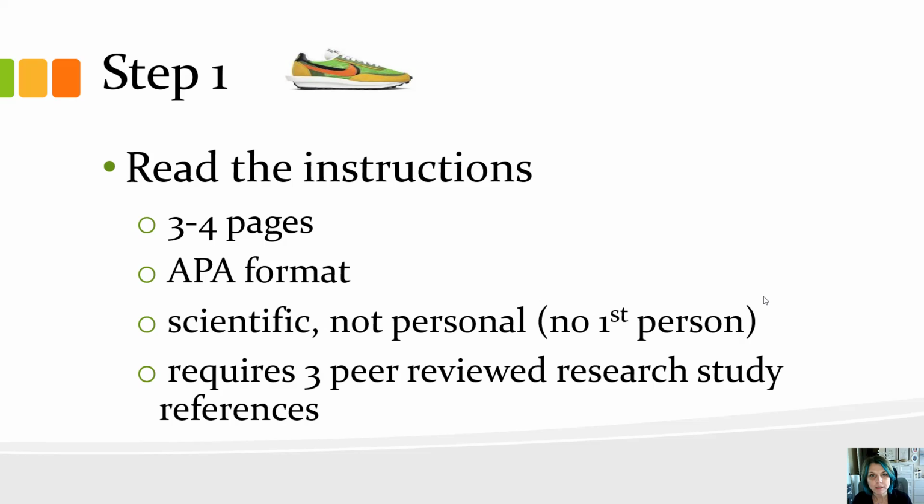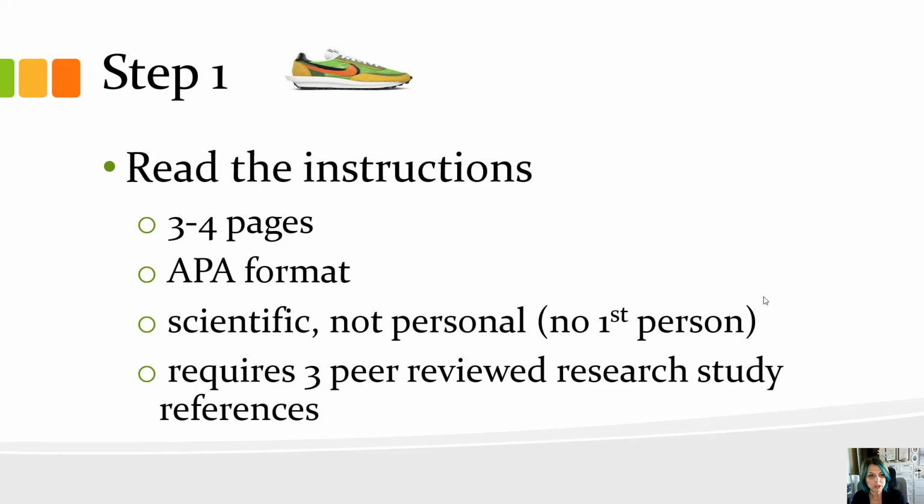When you click on the assignment on Canvas, the assignment will open up with all the instructions written inside of it. Those instructions are also available in the assignment packet, that Word document that we gave you along with the syllabus in the beginning of the semester. Everything is there. Everything you need is there.